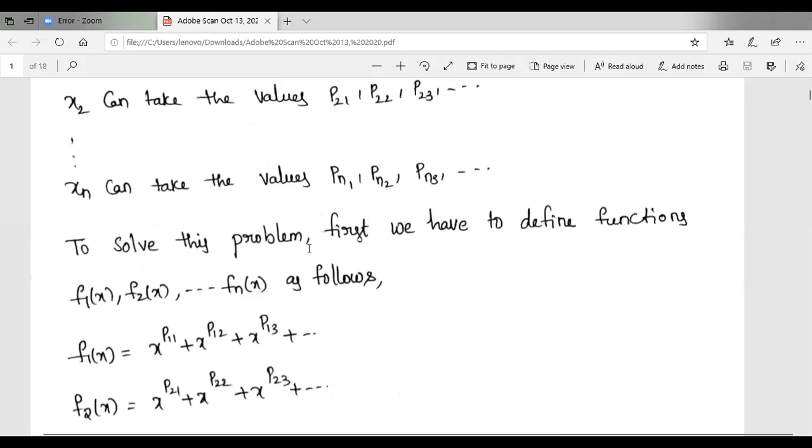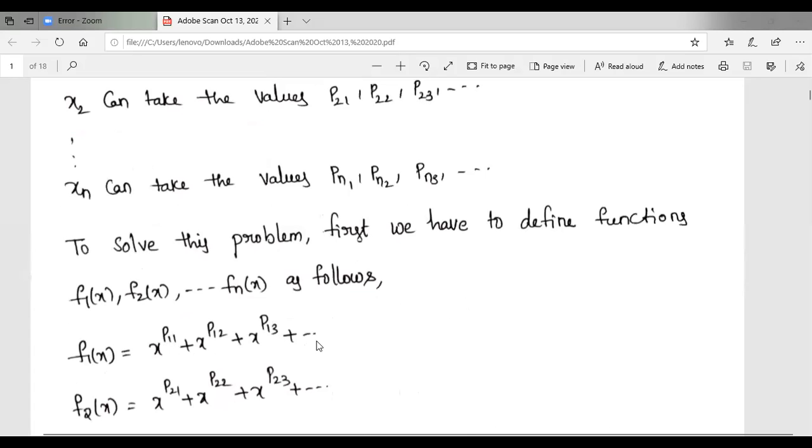To solve this type of problem, first we have to define functions f1(x), f2(x), fn(x) as follows. So what is the function here? f1(x) = x^p11 + x^p12 + x^p13 + and so on.